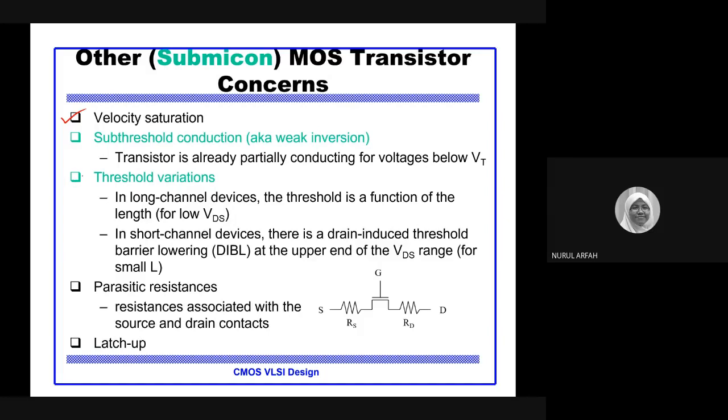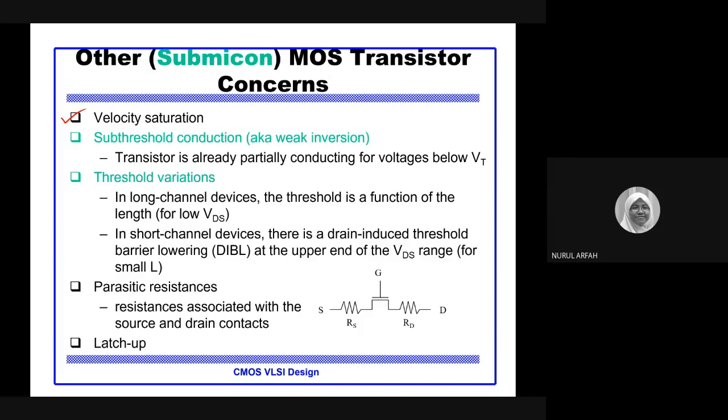Third, threshold variation. Fourth, the parasitic resistance, and last, the latch up. So subthreshold conduction is where the transistor is already partially conducting for voltage below VT. Maybe if we draw something, then we will see this.